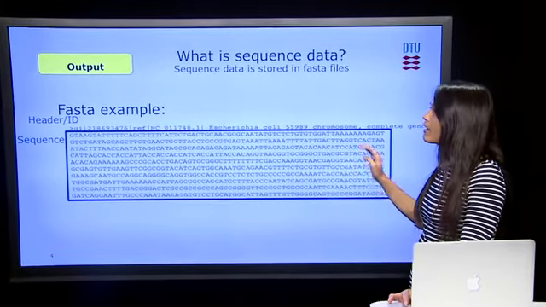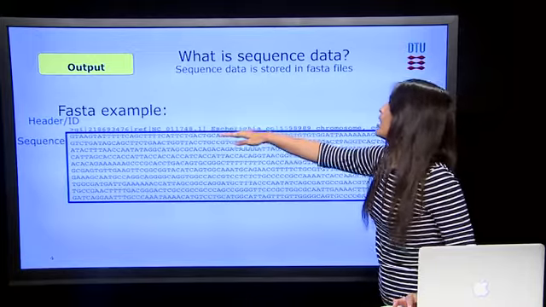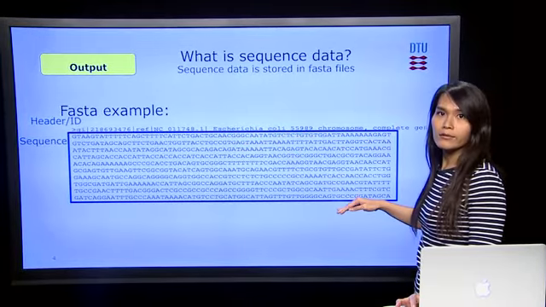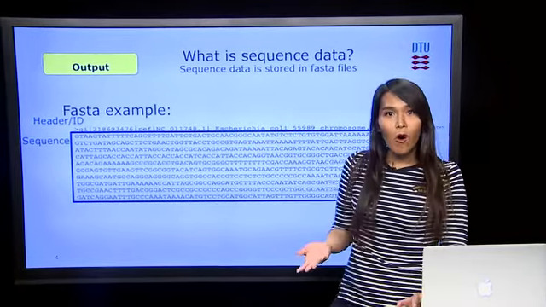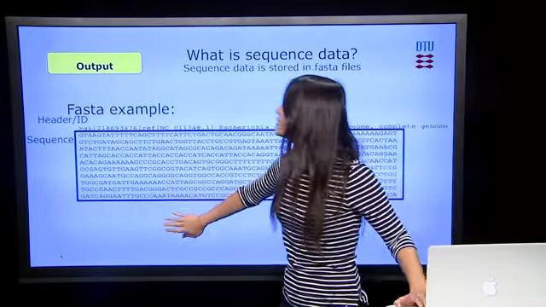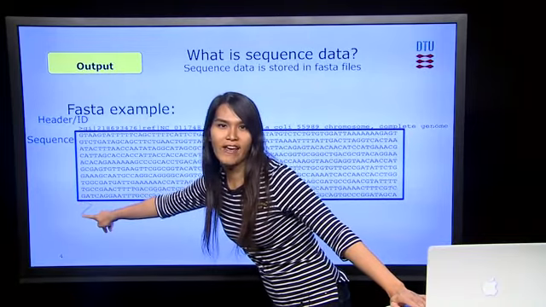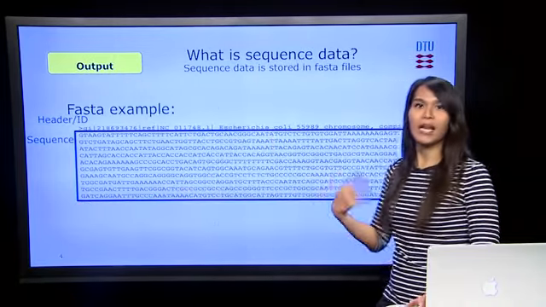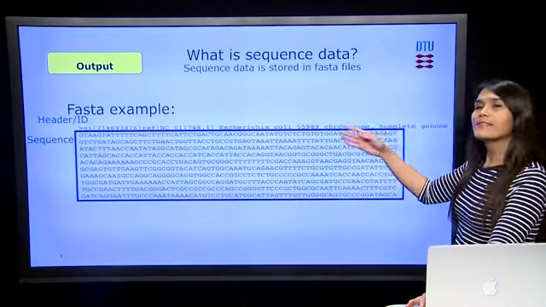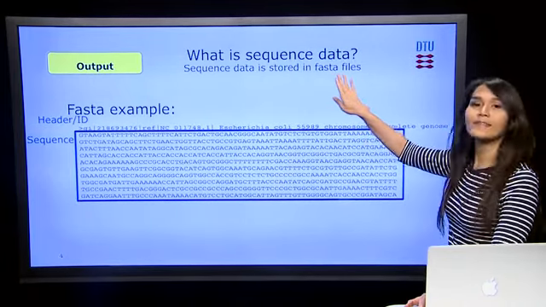The second line is the sequence data. It can be in one line or multiple lines. And in one FASTA file, you can put more than one sequence. You can start another sequence by starting a new line with the greater than sign, and then you put the ID and sequence and so on. This is the standard format to store sequencing data that we call FASTA.